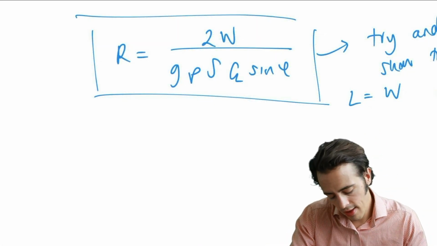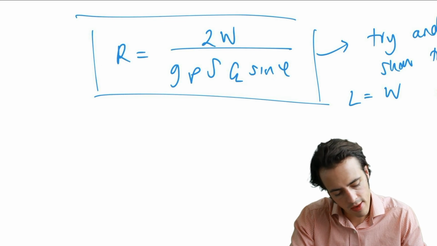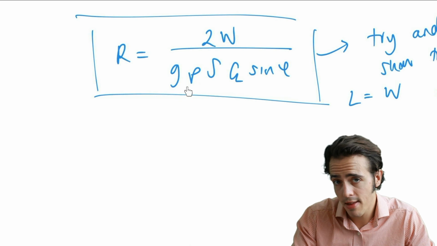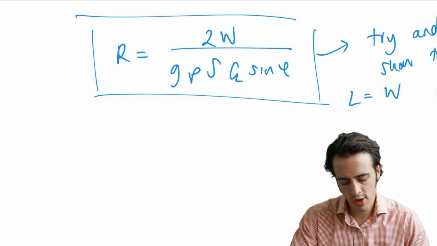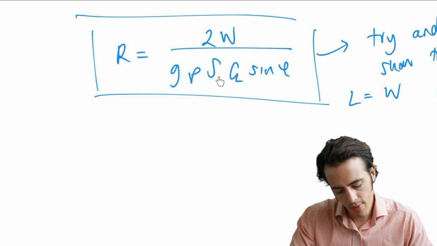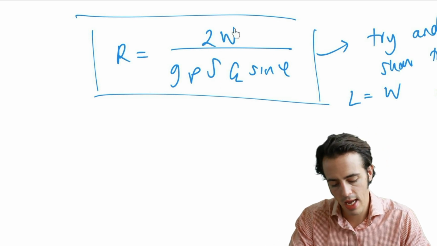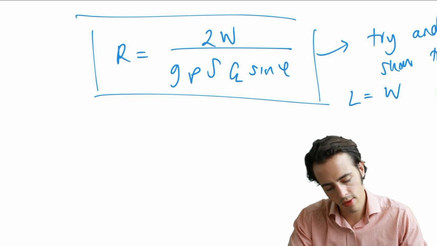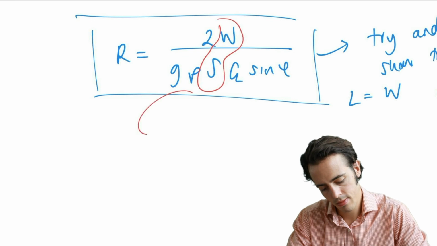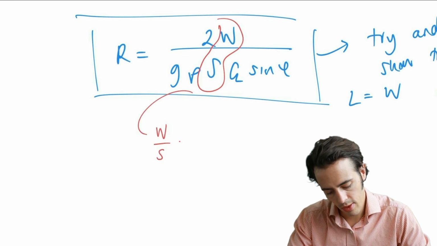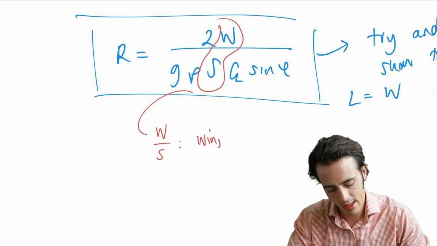We can look at the other things that are going to minimize the turn radius. For minimum R, we're going to want the maximum value of density, so that's going to be occurring at high altitude. And we also want to have effectively large wing area, so an aircraft with a low W on S, which defines our wing loading.